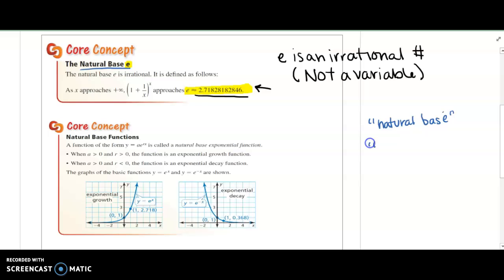And its e comes because it is Euler's number, or some people say Euler, some people say Oiler. It just depends. You hear it both ways. And that's actually the guy that discovered and published this and made it well known. But that's kind of irrelevant here.